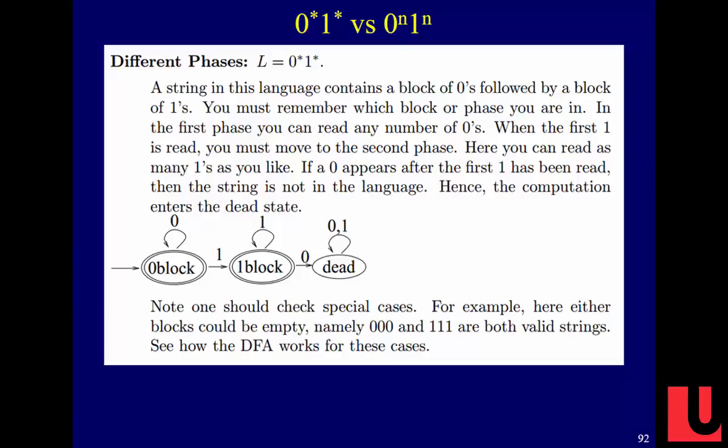I mean, how you run it is you just get the characters and follow the edges. So when I start, I've read the empty string, and I'm sitting here. If I get a 1, I immediately go here. I get more 1s, I stay here. If I get another 0, I'm dead. Right? Otherwise, maybe I start here, I get a bunch of zeros, and then I get a 1.